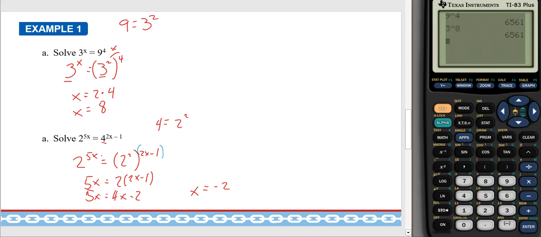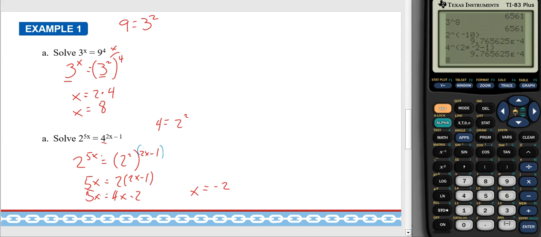Then I can sub that into the calculator as well. 2 to the 5 times negative 2, so 2 to the negative 10 power, and 4 to the 2 times negative 2 minus 1 power. And I see that they are indeed equal.